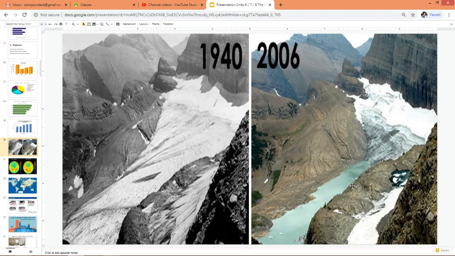So this is a powerful picture to prove to people that global warming, climate change is a real thing, and all around the world, glaciers are melting everywhere, and this picture of the same mountain with the glacier is very effective to show how much of the ice has melted in 60 plus years.